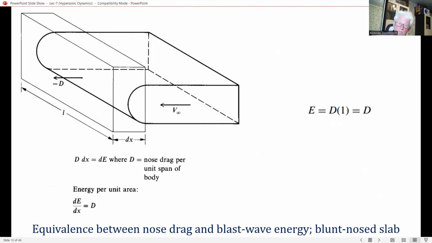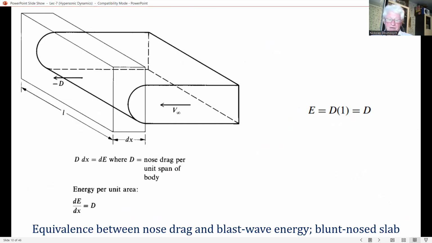If we let the body move a unit distance in the x direction, then our equivalent energy release gets us a very interesting and simple form: E from one unit of distance gets us D. Right? Very simple and nice.